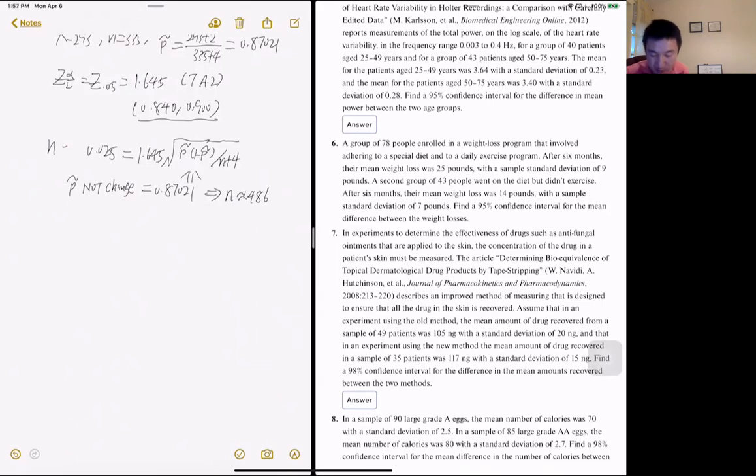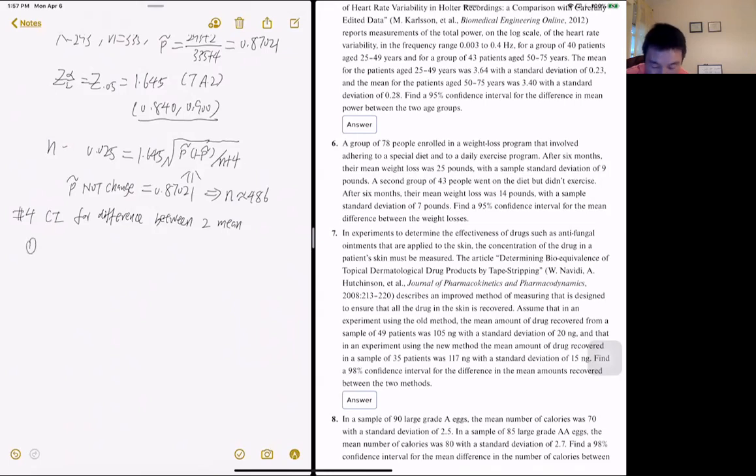Okay. So CI for difference between two means. We have two sets of equations for that, depending on the sample size.